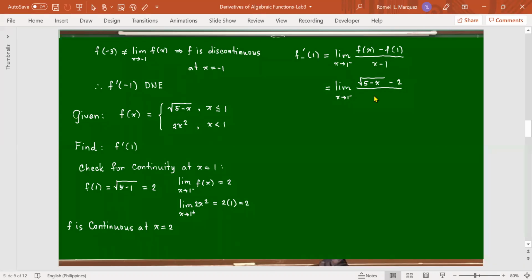So square root of 5 minus x, minus 2, all over x minus 1. This gives 0 over 0, so it is indeterminate.